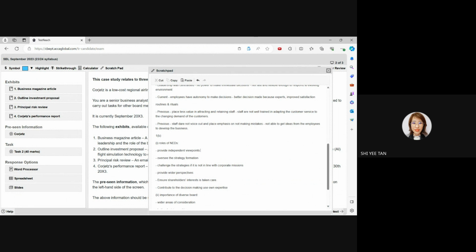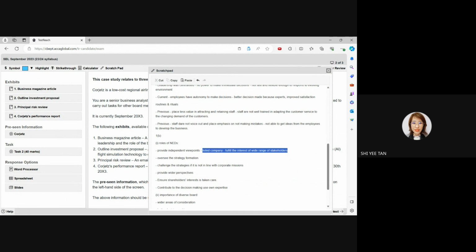But why is it important in Corjetz to have an independent viewpoint? You can say because Corjetz is a listed company. When it is a listed company, you need to fulfill the interests of a wide range of stakeholders. So it needs to be independent.